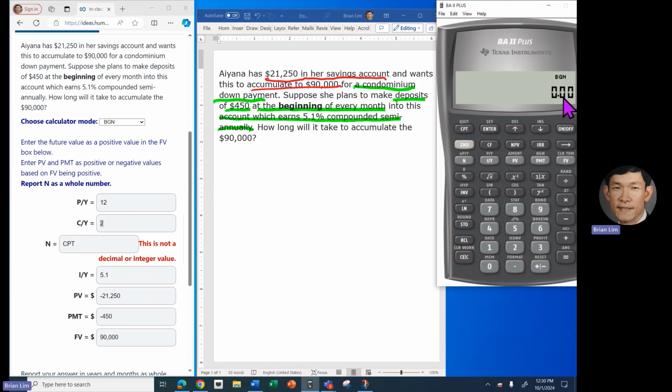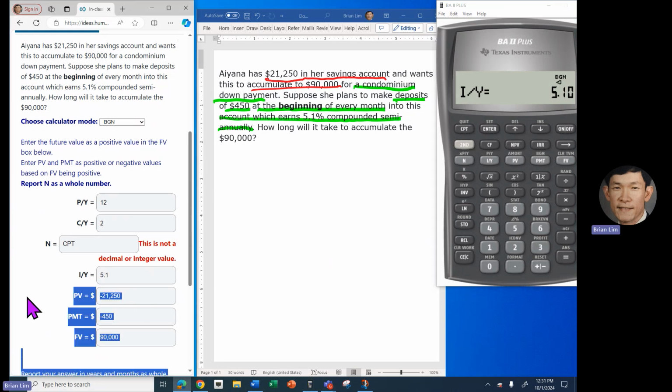Now we are computing N, so we'll skip over that, and we go to the IY value, which is 5.1. And we click on IY is equal to 5.1.